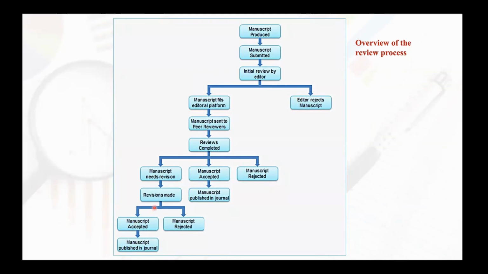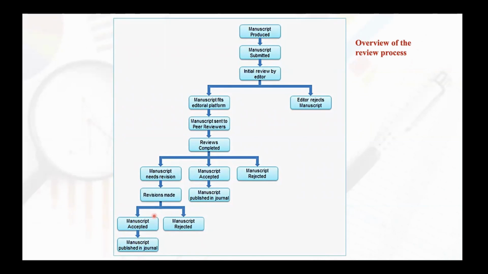There may be three reviewers, so you have to write in a sheet, replying to the reviewers' or editor's comments one by one. Reviewer 1, what is your answer to the question asked by reviewer 1? Question number 1, question number 2, or an explanation of a matter. All these explanations and answers you have to give, along with the manuscript.